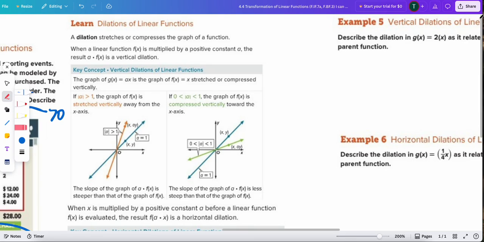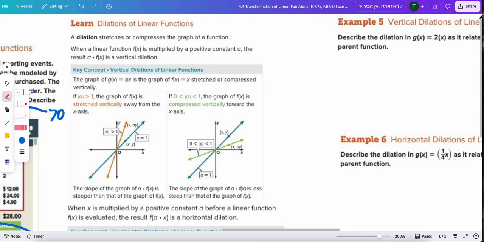So when a linear function f of x is multiplied by a positive constant a, the result a times f of x is a vertical dilation. So if the a is being multiplied outside of the function, that is when it's going to be vertical, which is the up and down, so it affects y.